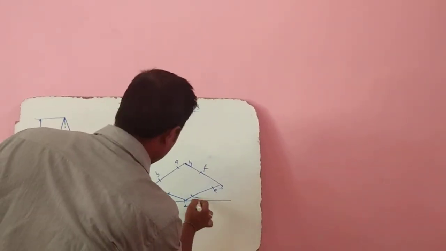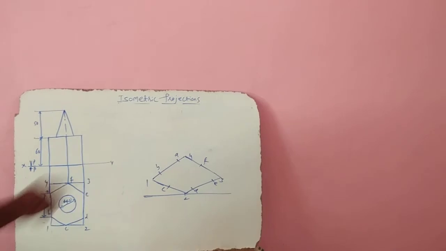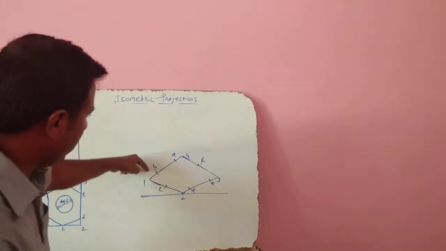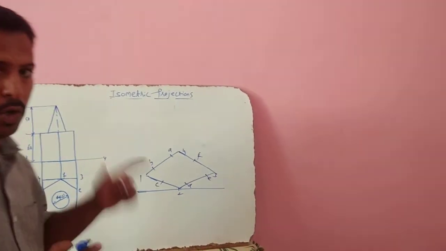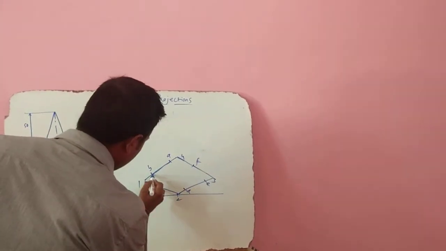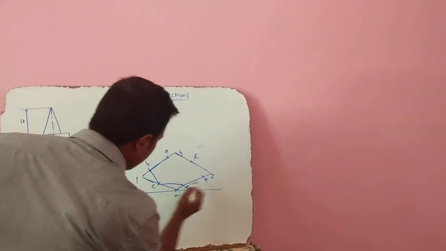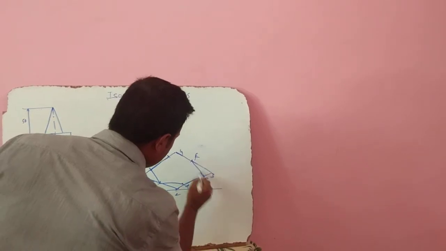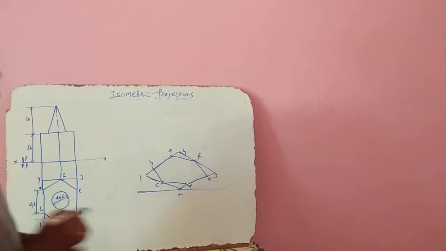Similarly, 2 to D, convert that to isometric and mark it here. Now we have A, B, C, D, E, F. We got all the points, so we only need to connect them. In this way, connect all the corner points.